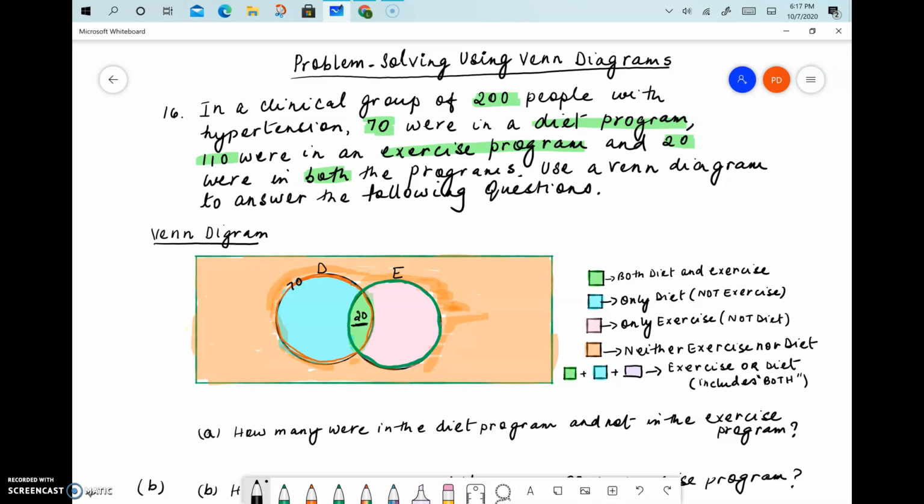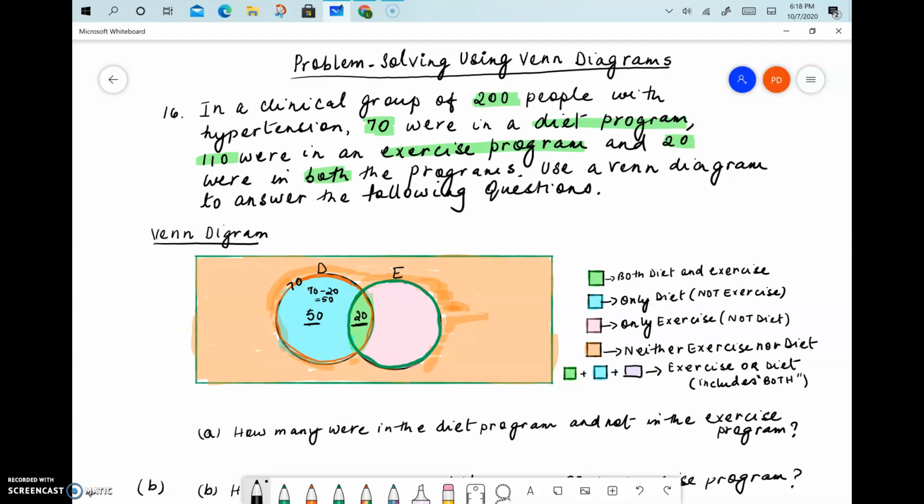Now, the balance is 50. So how did we get this 50? It's a total of 70 minus 20, which is equal to 50. And that's how we got this 50. So there are 50 people in the blue region, which means there are 50 people who are in the diet program only and not in the exercise program.